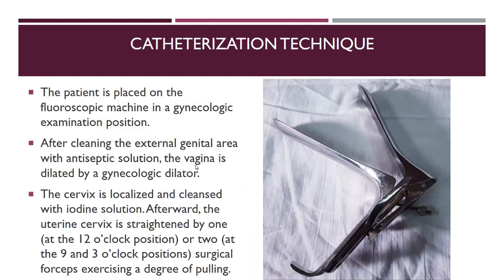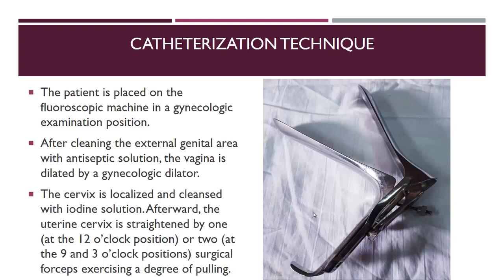How to start the examination? The patient is placed on the fluoroscopic machine in the gynecological lithotomy position. After cleaning the external genital area with antiseptic solution, the vagina is dilated by a gynecological speculum. The cervix is localized and cleaned with iodine solution afterward, and the uterine cervix is straightened by one tenaculum at 12 o'clock or two at 9 and 3 o'clock.